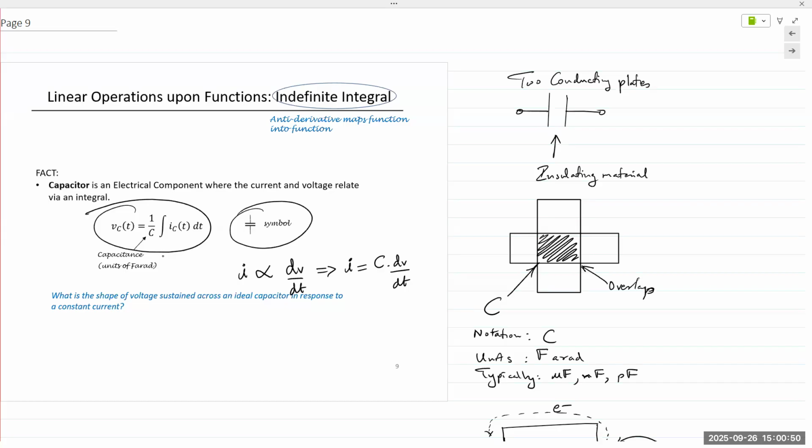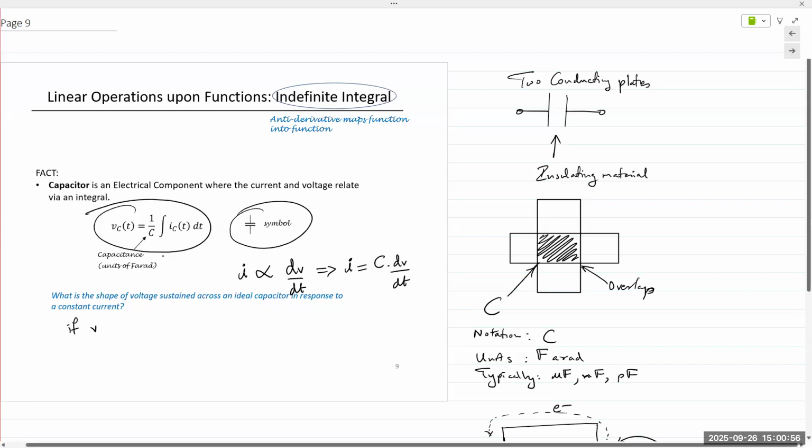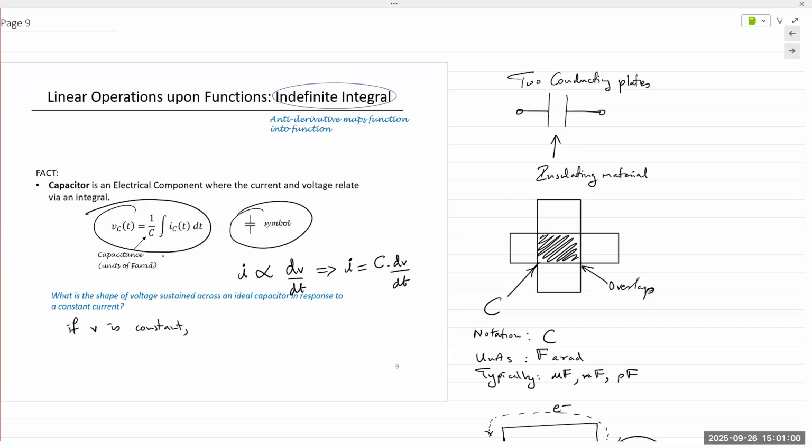So if V is constant, I equals 0, we say the capacitor is fully charged, and it behaves like an open circuit, the opposite of an inductor.